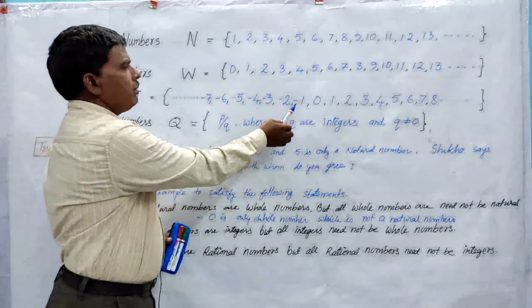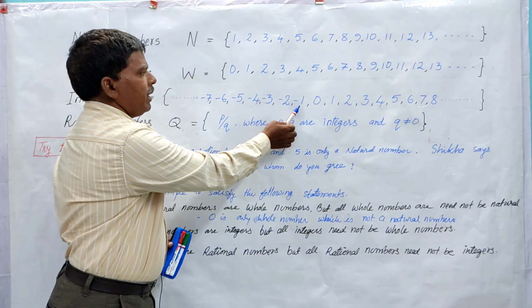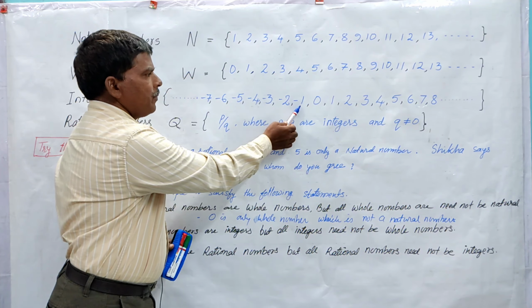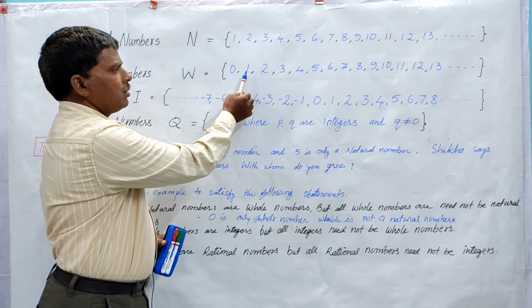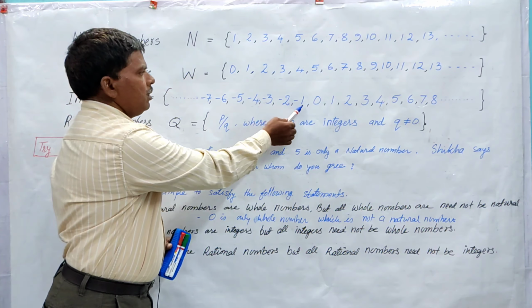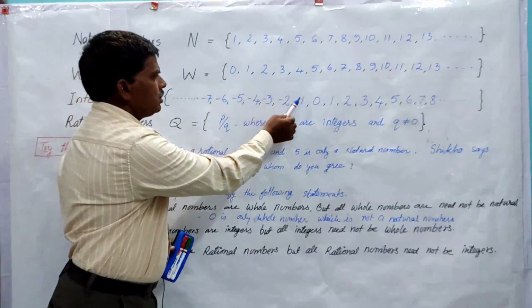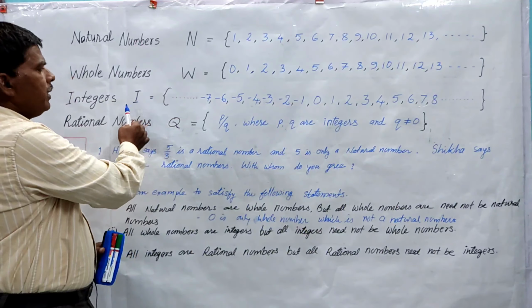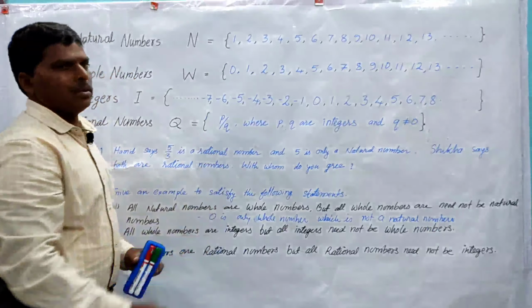But minus 1 is an integer which is not a whole number. Minus 2 is an integer which is not a whole number. If you observe all these negative numbers, they are only integers but not whole numbers.